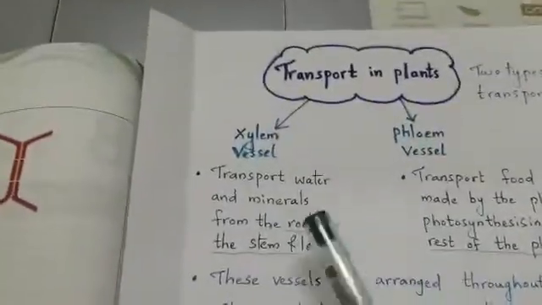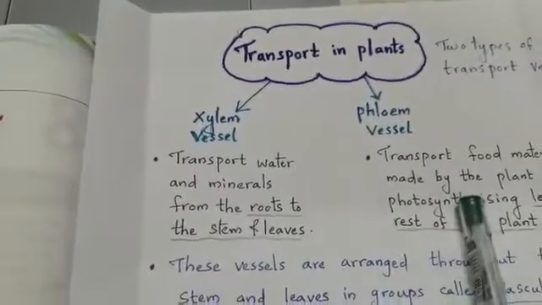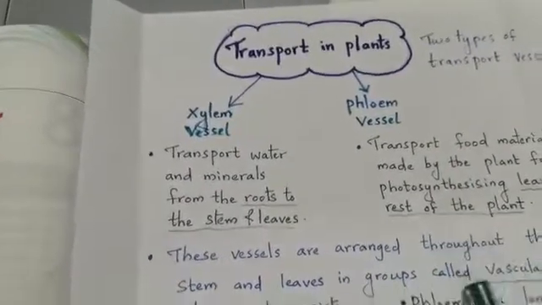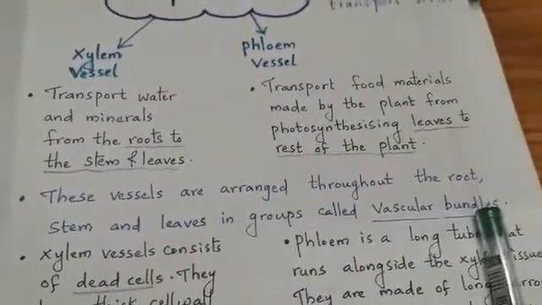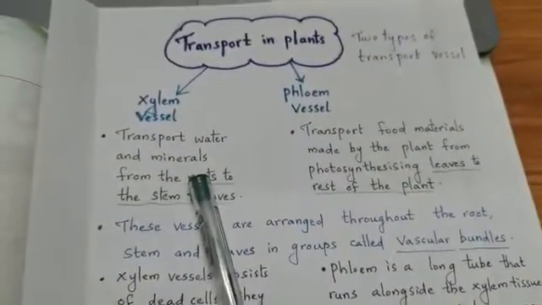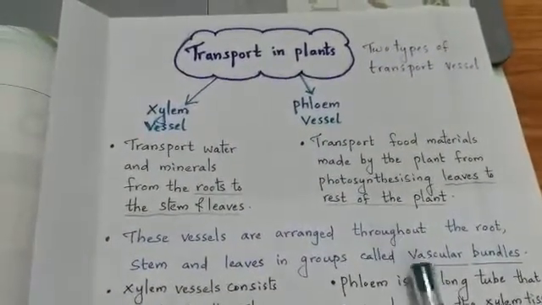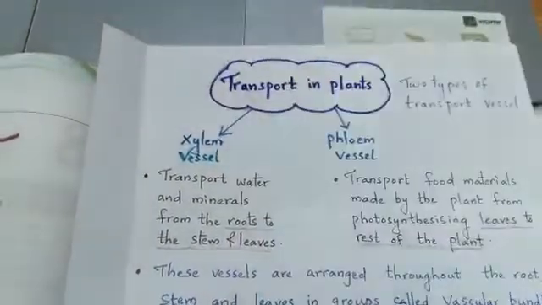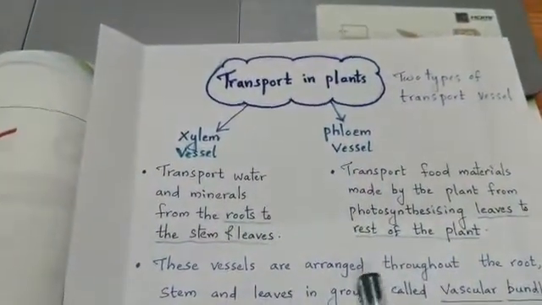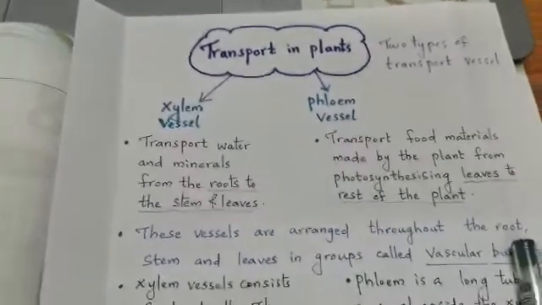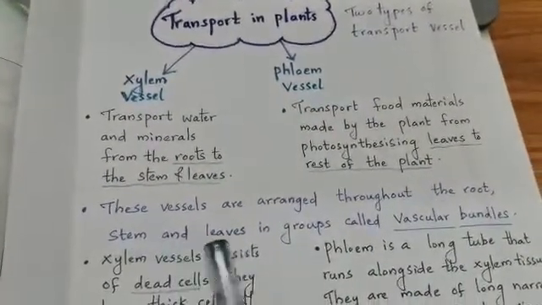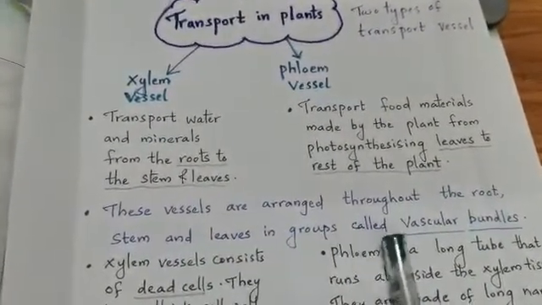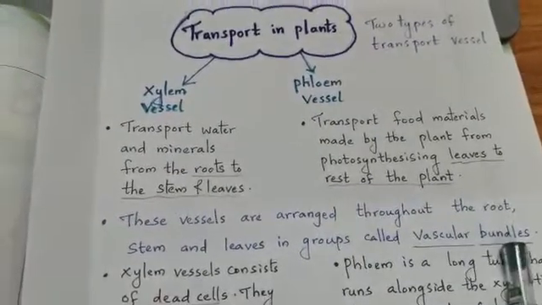Both xylem vessels and phloem vessels together are called vascular bundles. These vessels are arranged throughout the roots, stem and leaves in groups called vascular bundles.